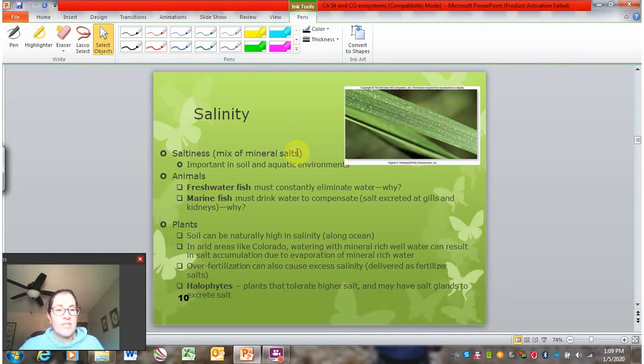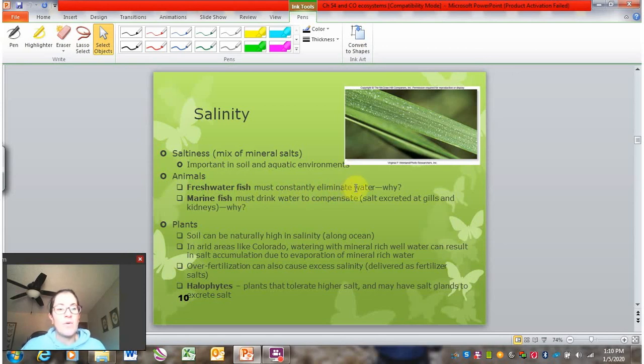And so this is obviously big in aquatic environments, though we also see that soil contains water as well and has these salts that are dissolving into the water that's mixed with the soil. In animals, this saltiness has a strong effect for organisms that live in water. So for example, fish. Freshwater fish have a challenge in that they must constantly eliminate water.